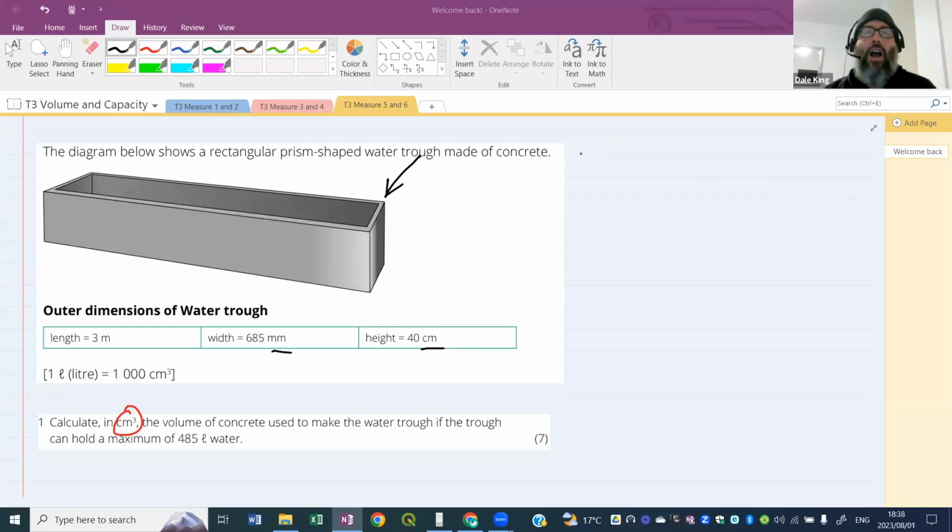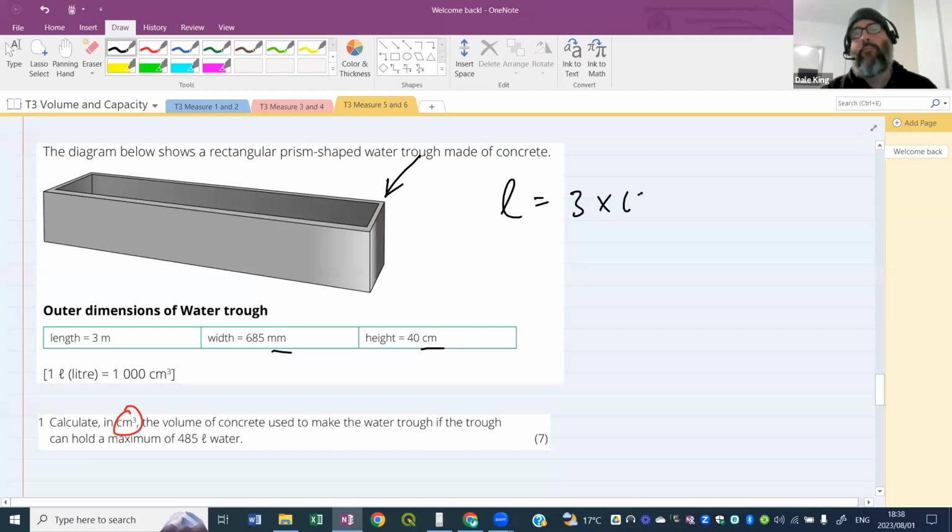Okay, let me start. We have to convert the meters and the millimeters. So you say 3 times 100, which gives you 300 centimeters. Yes, 3 meters times 100.